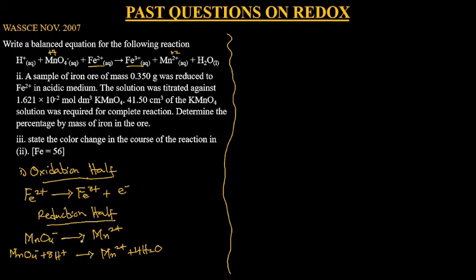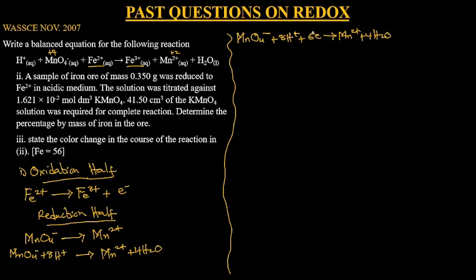So we introduce electrons. So the overall balanced equation for the reduction half will be like this. MnO4- plus 8H+ plus 5 electrons to give us Mn2+ and 4 moles of water.